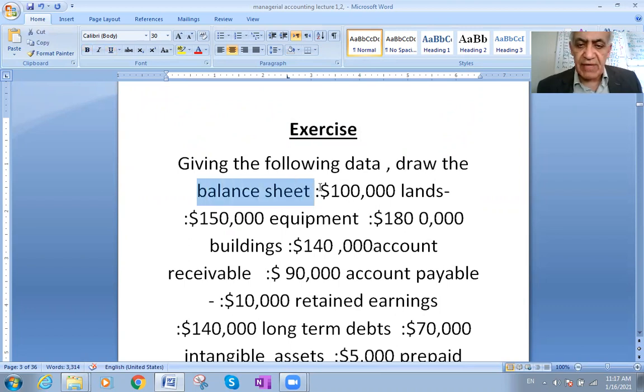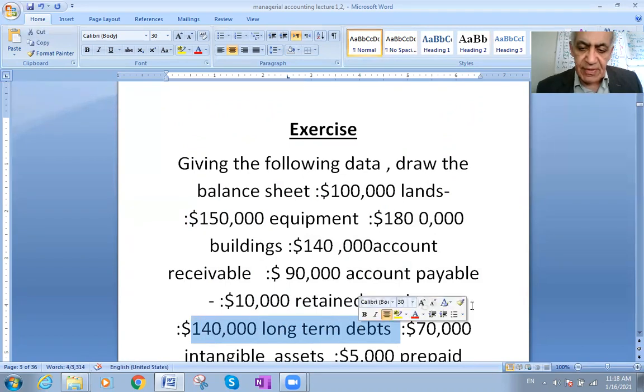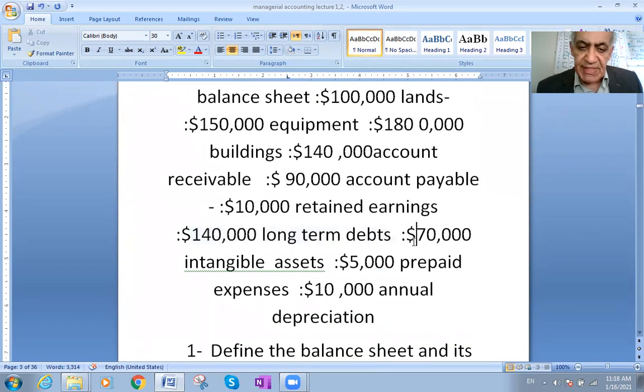We have this information now: 100,000 in land, 150,000 equipment, 180,000 buildings, 140,000 accounts receivable, 90,000 accounts payable, 10,000 retained earnings, 140,000 long-term debts, and 70,000 intangible assets, 50,000 prepaid expenses, and 10,000 annual depreciation.